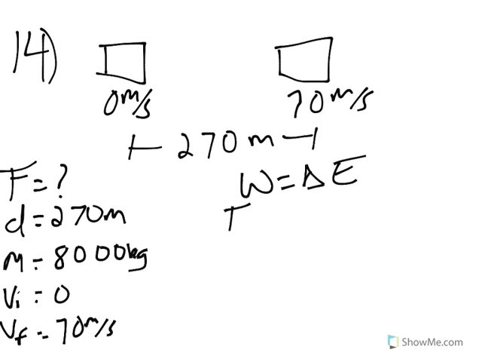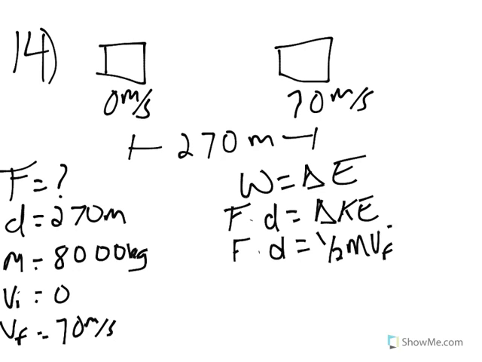So work is equal to force times distance, and the change in energy will be the change in kinetic energy. So force times distance is going to equal 1/2 mvf squared, the final kinetic energy, minus 1/2 mvi squared, the initial kinetic energy. Now the initial kinetic energy is 0 because the thing is not moving.